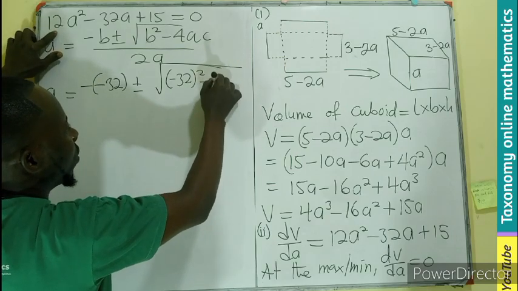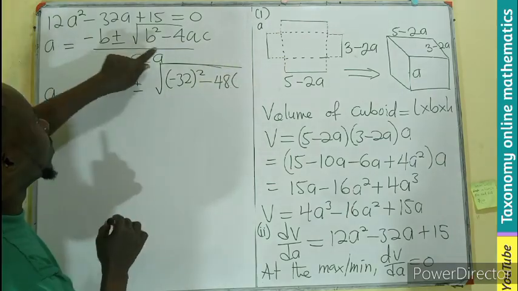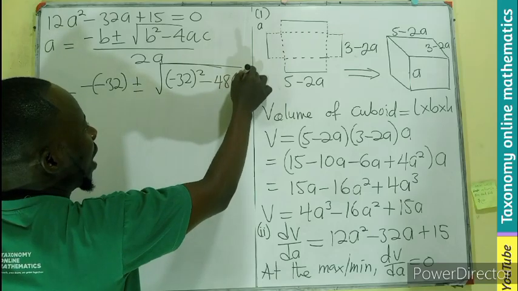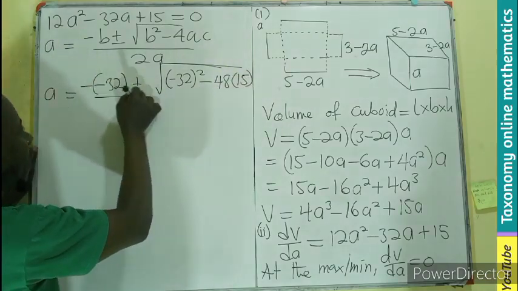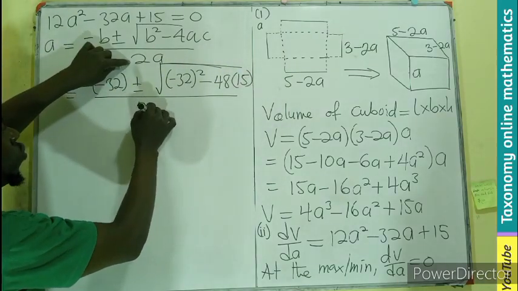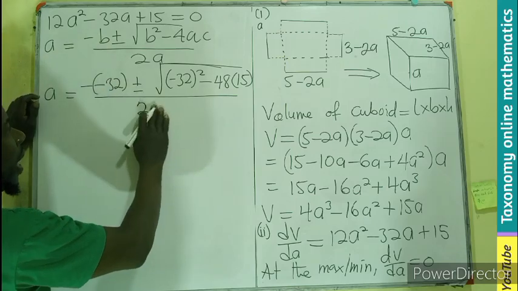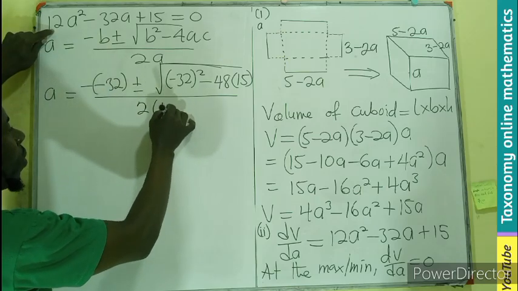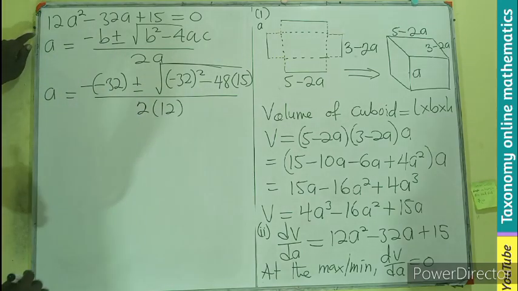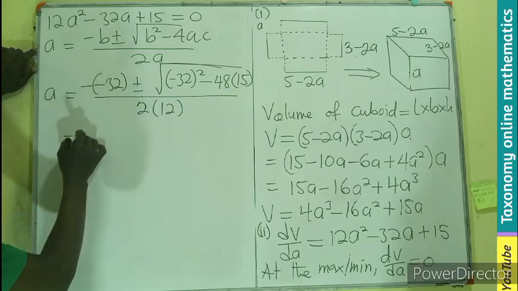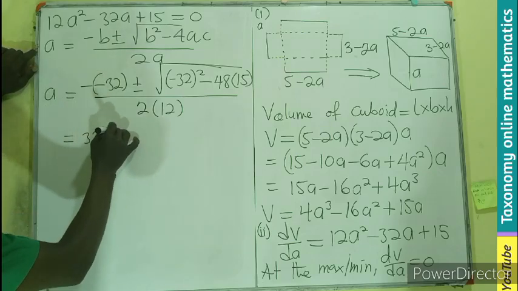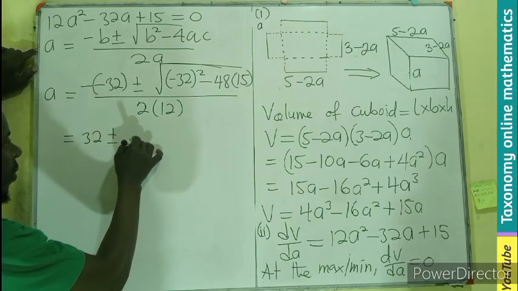So let me have 48 times 15, so that I can conserve the space here, divided by 2a. And our a in this case will also be 12.